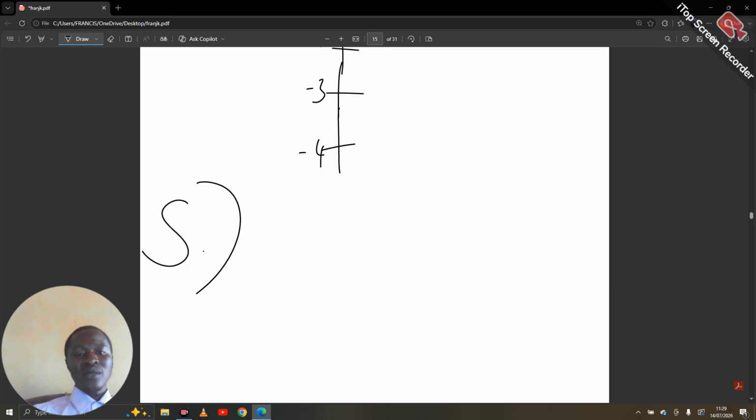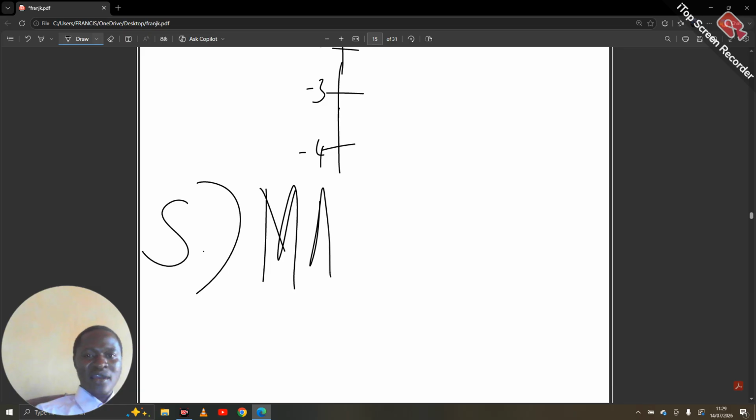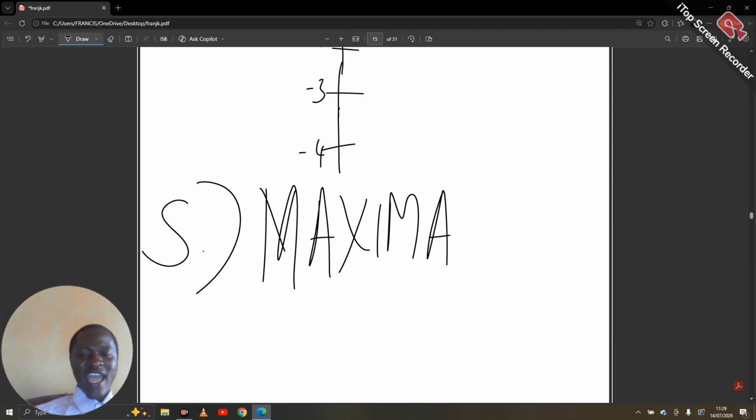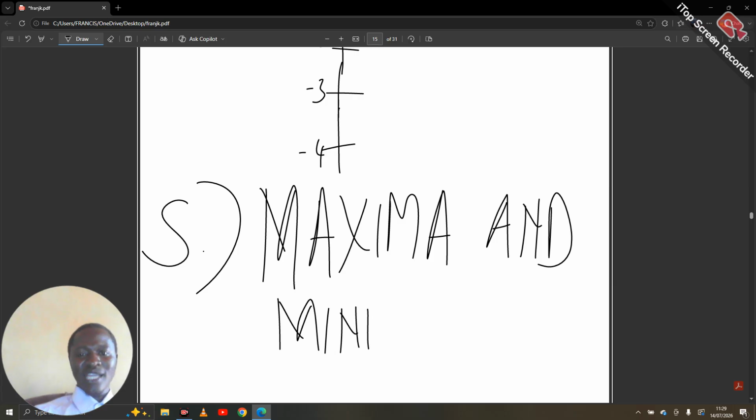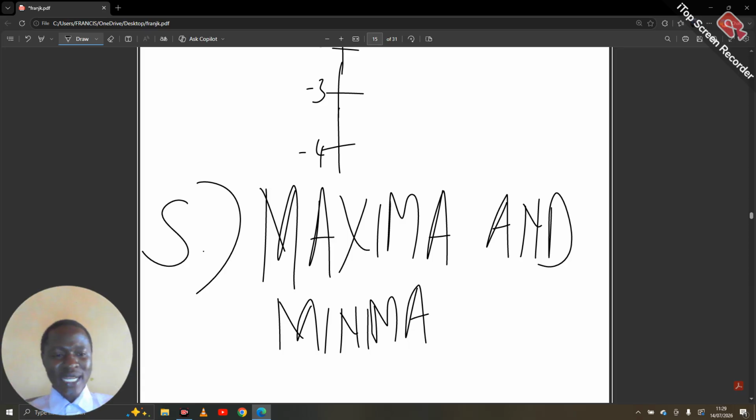So next time when we meet, we shall look at what is called maxima and minima. Remember, it is totally different from maximum and minimum.